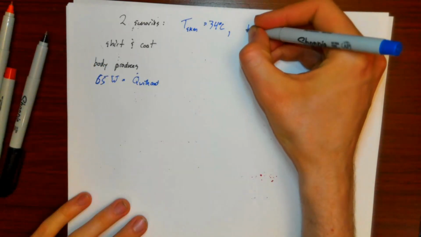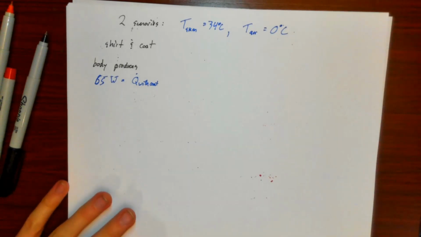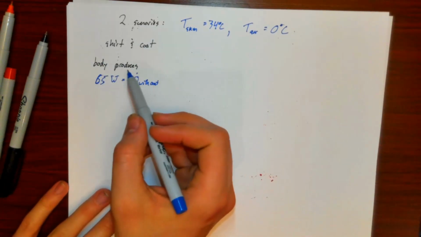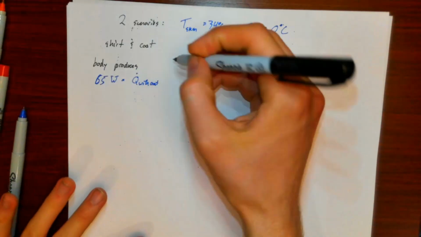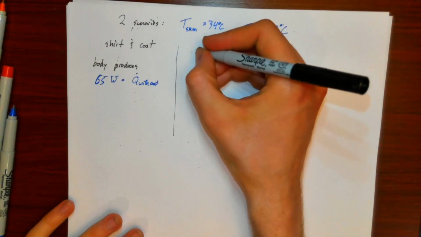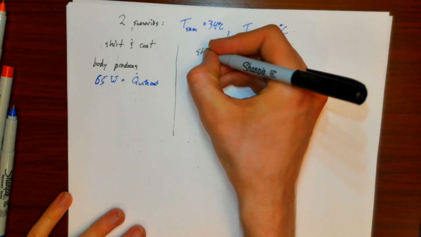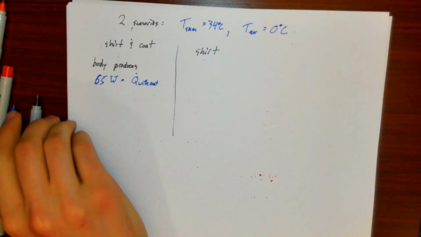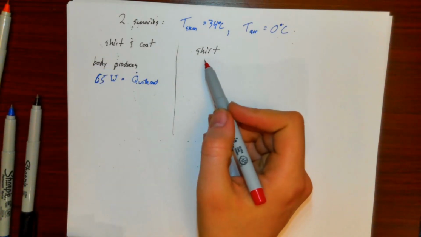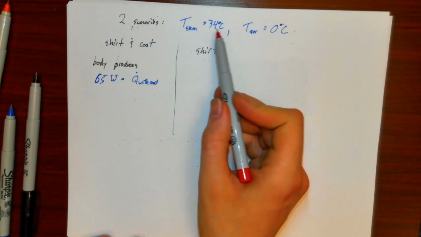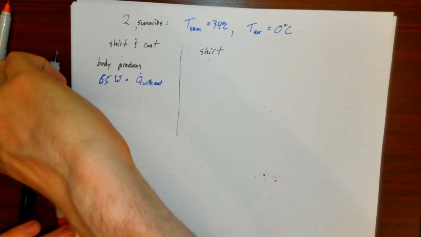So the air far away from me is at 0 degrees C. In one scenario, I have a shirt and a coat, and under this condition, my body produces 65 watts of body heat. Let's look at the other scenario where I've disobeyed my mother's advice, and instead I've gone just outside with a shirt. Let's try to figure out how much body heat my body would need to produce in order to keep my skin at 34 degrees C if this were the case. So, let's say I'm outside with a shirt only.